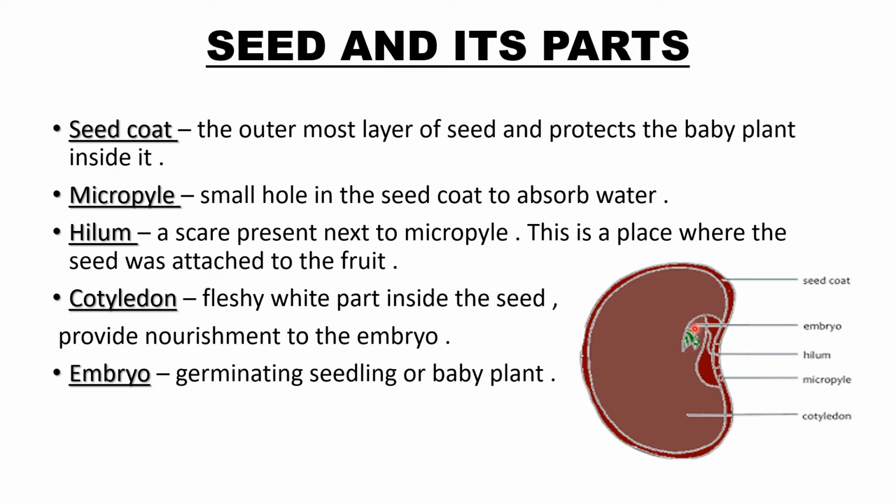So, this baby plant also needs food to remain alive. So, this food is given to the embryo through the cotyledon. The embryo is a germinating seedling or baby plant. This develops when it gets the favorable conditions and it comes out from the seed.